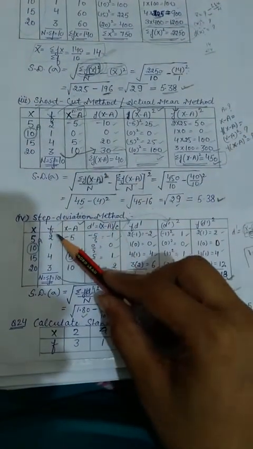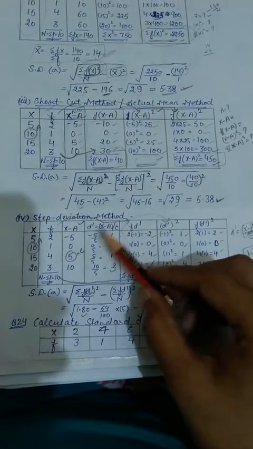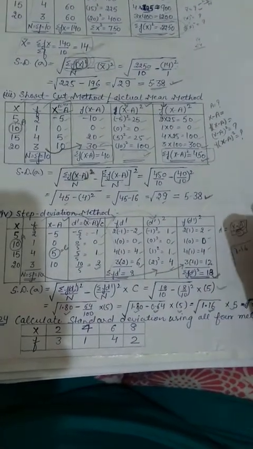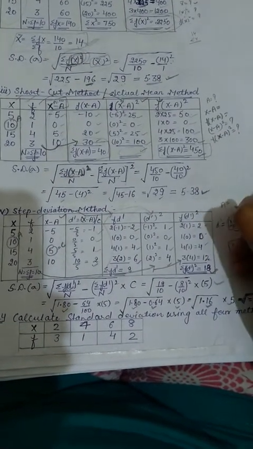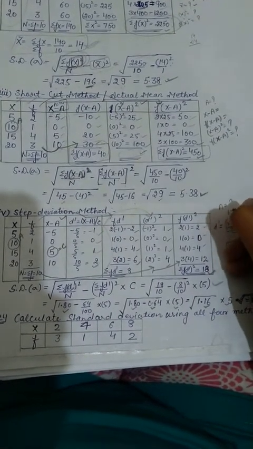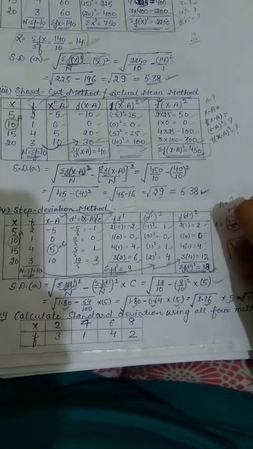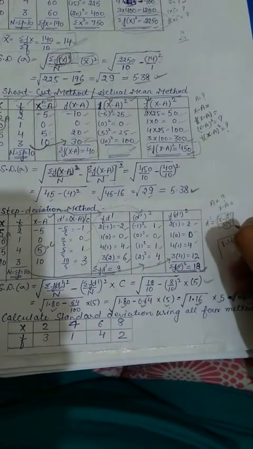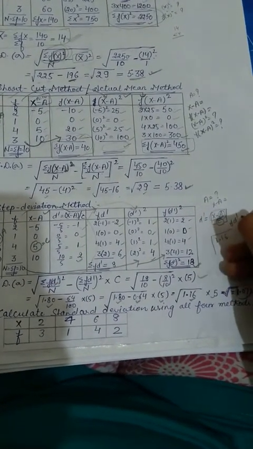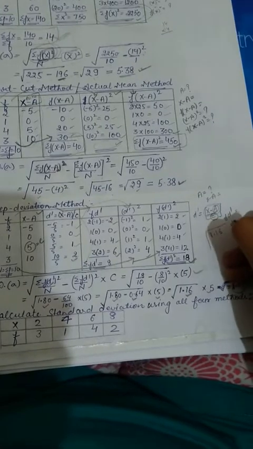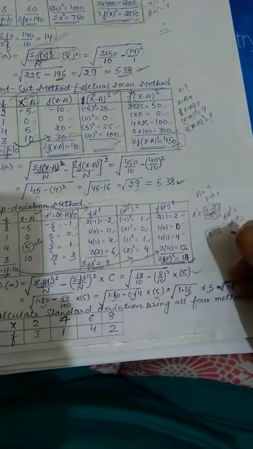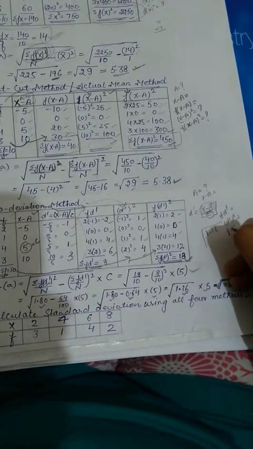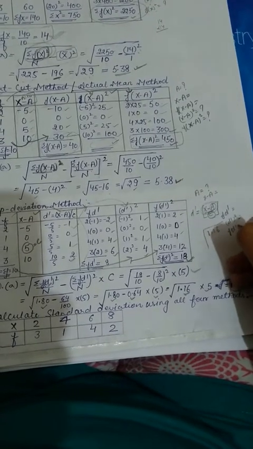Now next is your step deviation method. Let's have a look at what all you need first for this. First of all you need the a value, then you need the x minus a value, and then you need your d dash, then your f d dash, then your d dash square, and then your f d dash square.